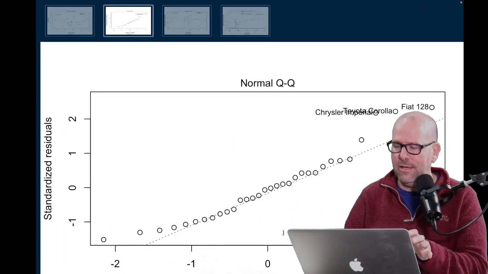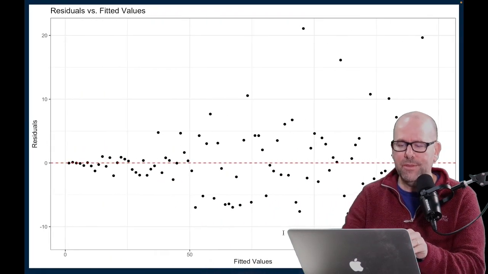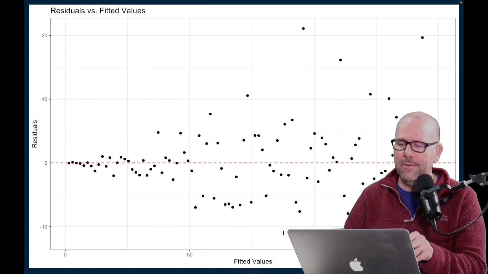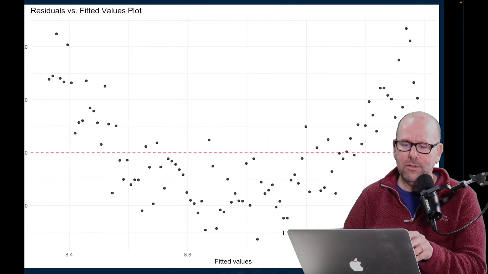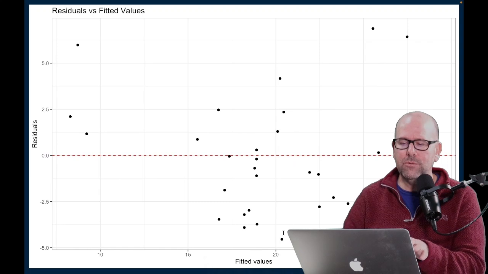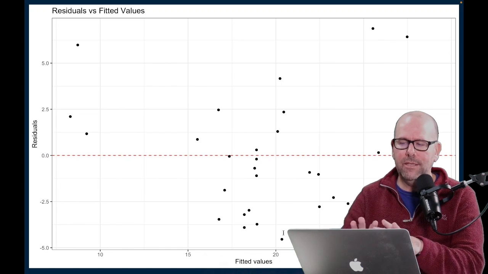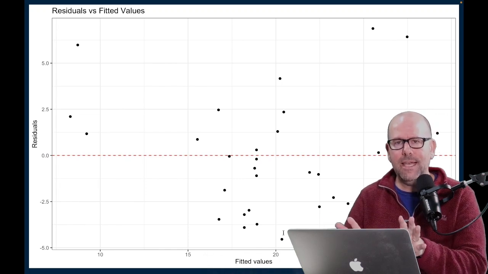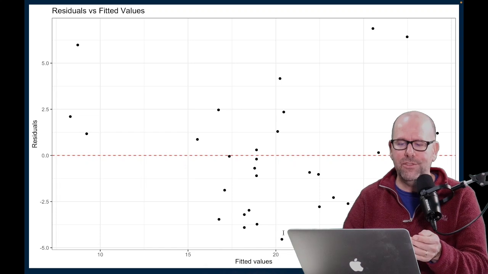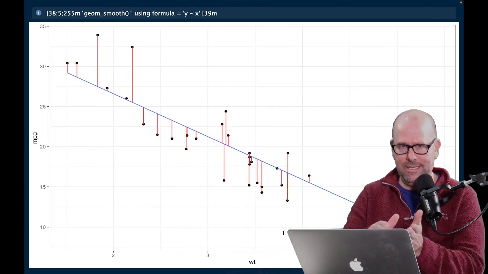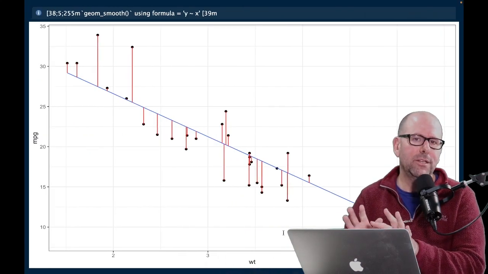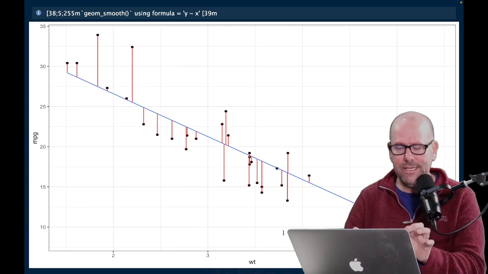Let me just show you another one. This is a funnel-shaped one, which usually means something. I'll talk about that in a second. But the point is what you're looking for is randomness here, an even distribution above and below the zero line and evenly distributed from left to right. If that's the case, it suggests that this model is in fact linear, and there are statistical tests that we can do to confirm that if we think we need to.